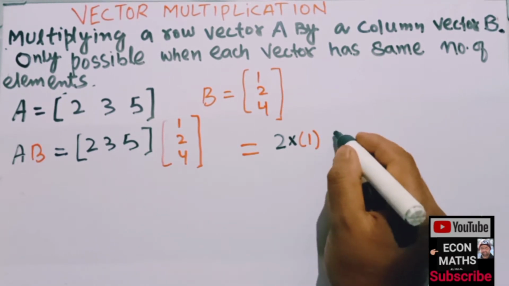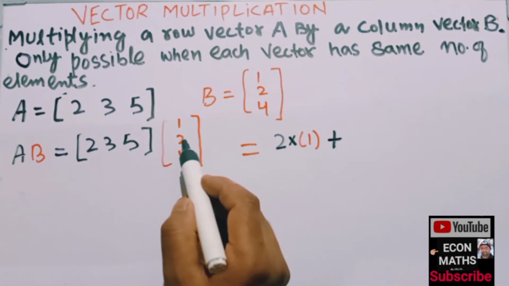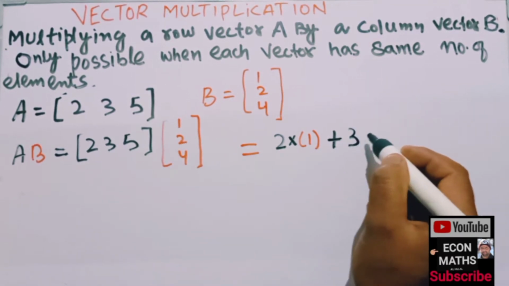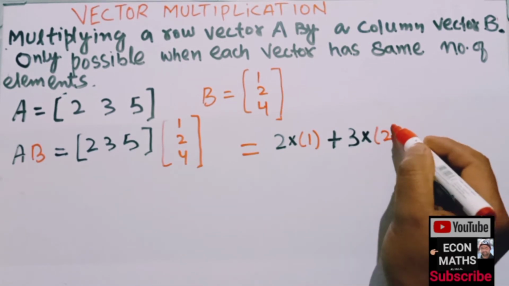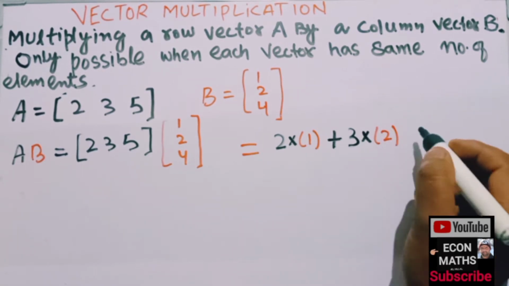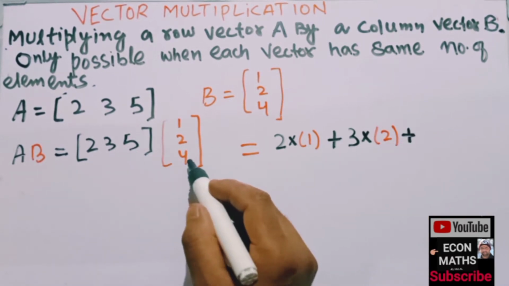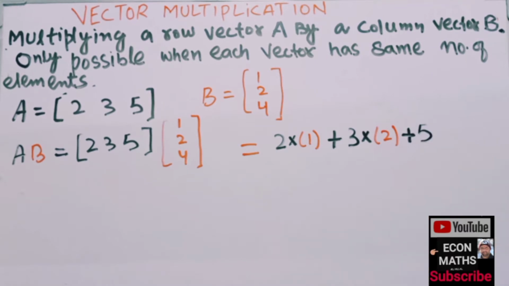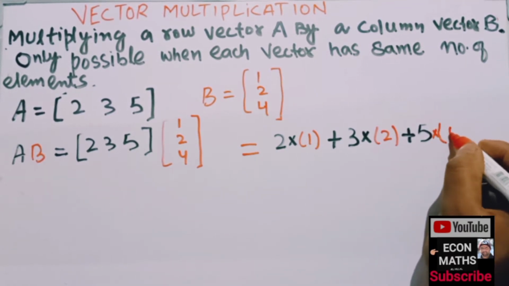plus I will multiply this 3 with this 2, that is 3 into 2, plus this 5 with this corresponding 4. So this is 5 multiplied with 4.